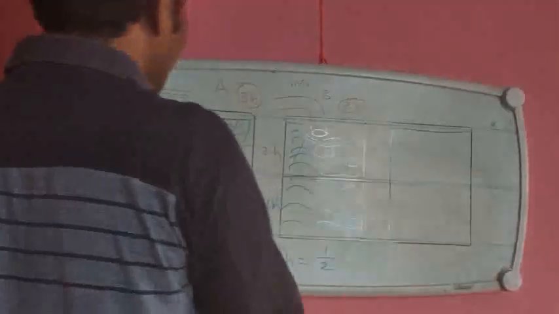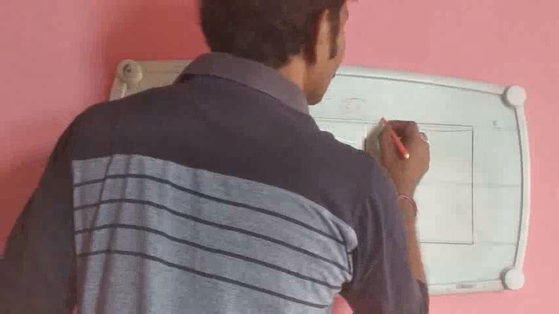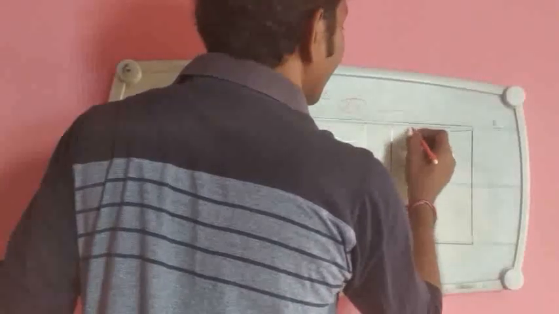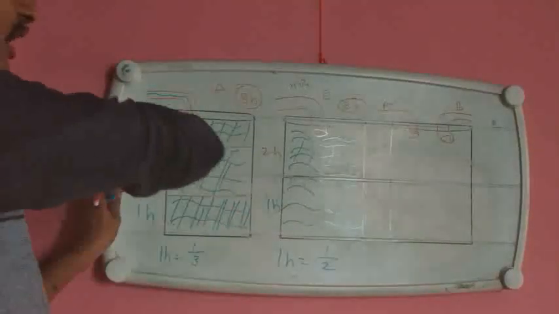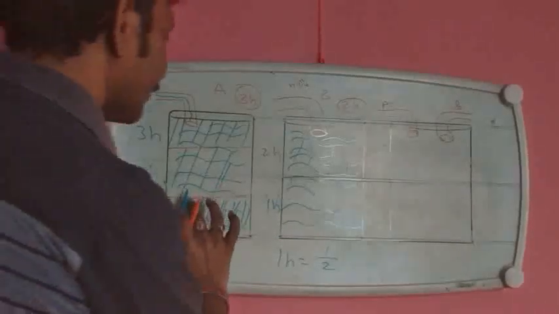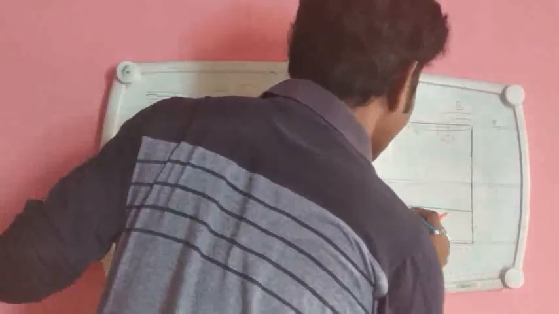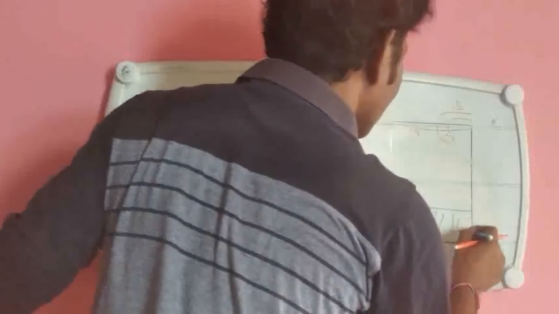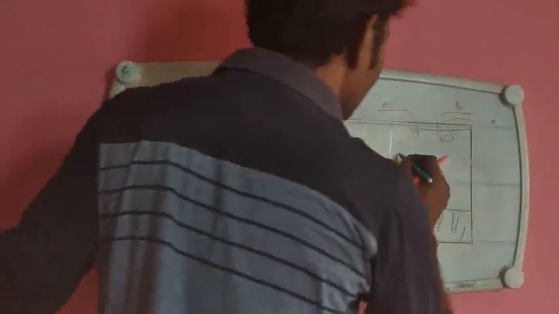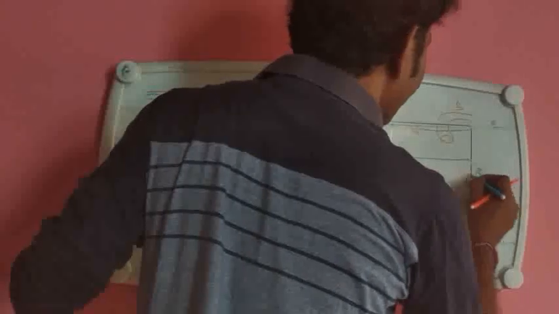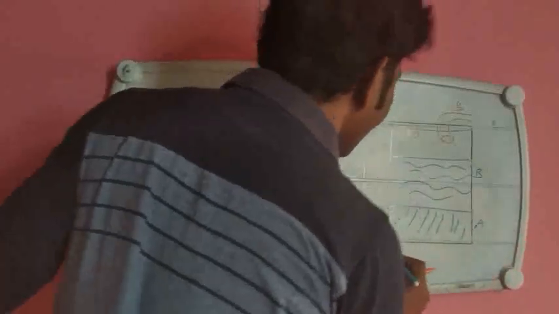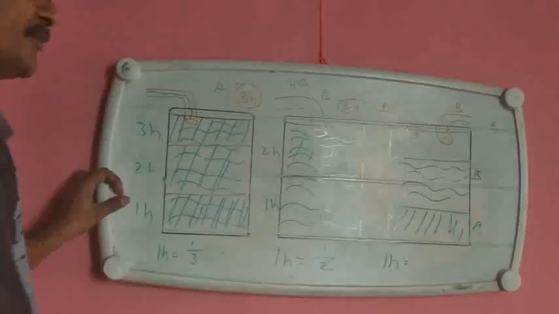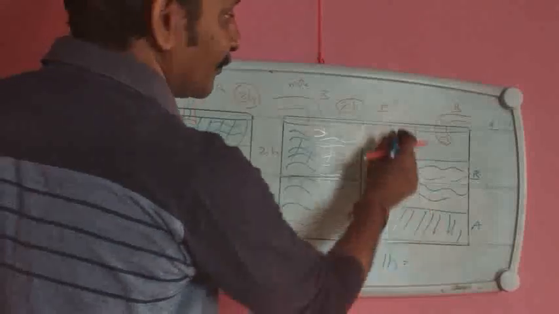Now here what I am doing is arranging the two taps, tap A and tap B, in one same tank. This portion is by tap B, and this portion is by tap A. In 1 hour, how much portion will be filled by both taps?